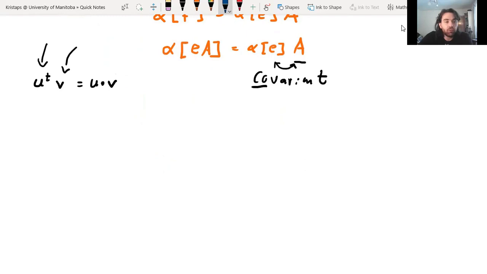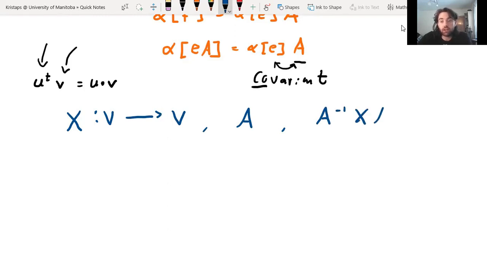Remember that if uppercase X is just a linear transformation of a vector space V, and suppose we have our change of basis matrix A, then you may or may not recall from linear algebra that in order to figure out what X is in the new coordinate system, you simply conjugate by the change of basis. And this tells you how to write the matrix for the linear operator in the new basis.